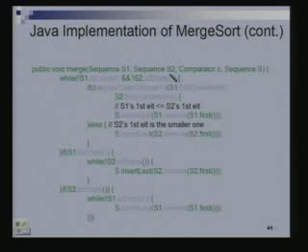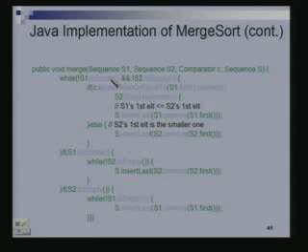You have the two sorted sequences, a comparator, and the resulting sequence. While both the sequences are non-empty, you will keep doing something. What is that something? You will compare the first element of S1 and the first element of S2. If the first element of S1 is less than or equal to the first element of S2, then what should you add to S?